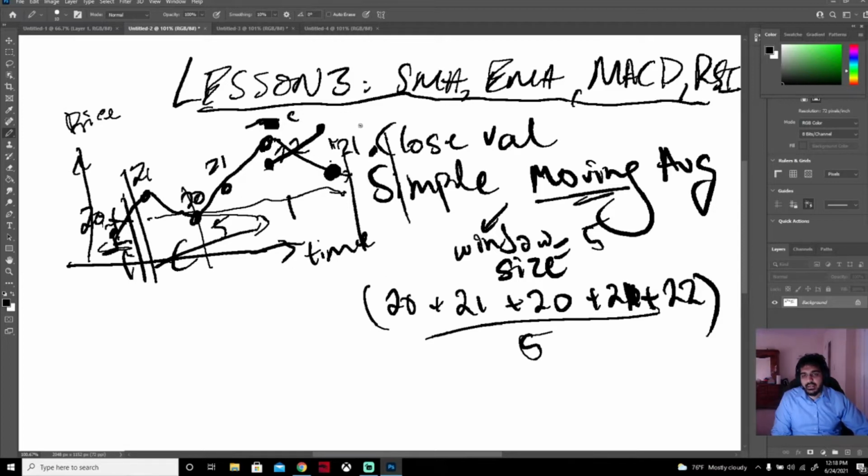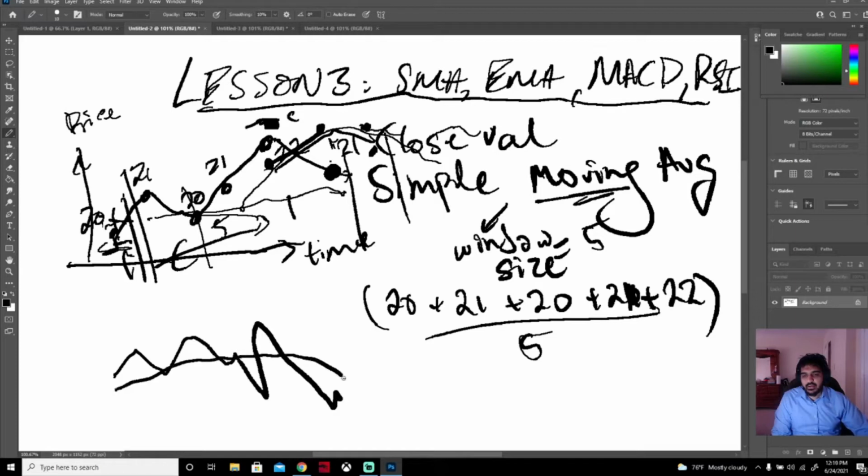And then basically it moves on to create another picture, which is made up of the averages of the stock. So you'll have the stock move like this in a jagged way, and then you'll have an average run through it because of the simple moving average.